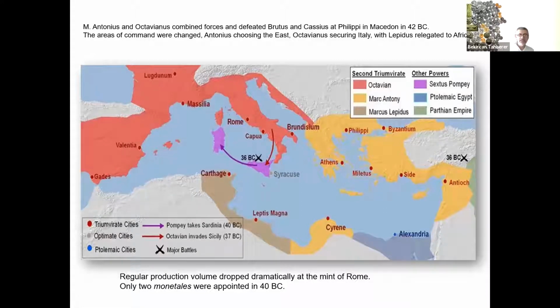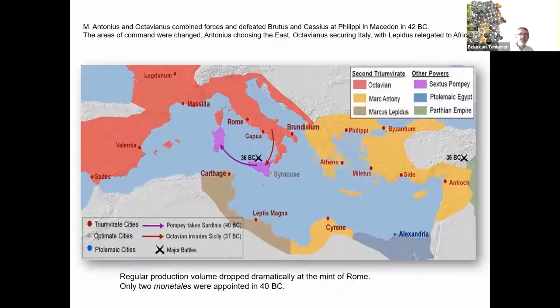And during that time, the regular production volume dropped dramatically at the Mint of Rome. Of course, 2 important money or coin producing authorities simply left, and they simply set up mints in different places.